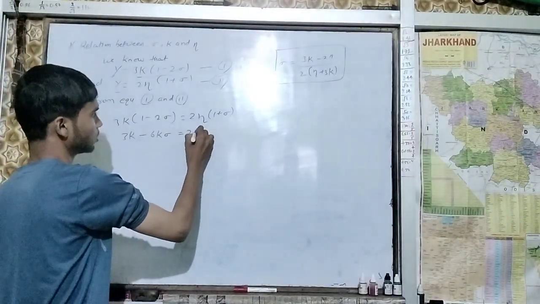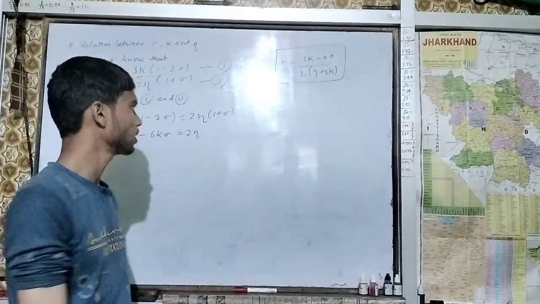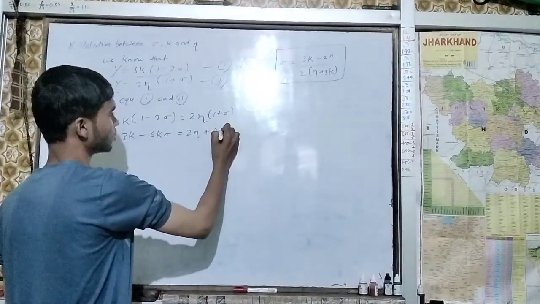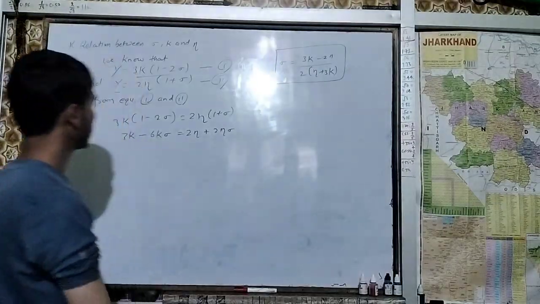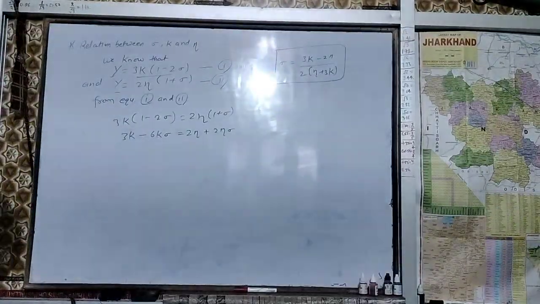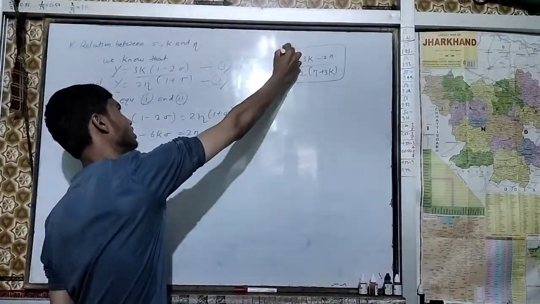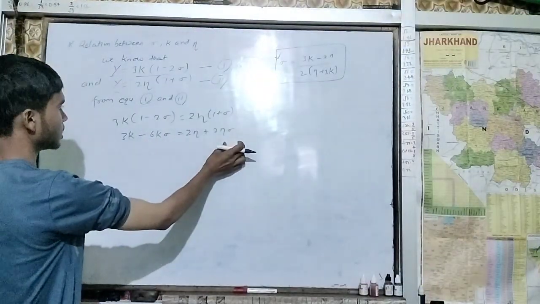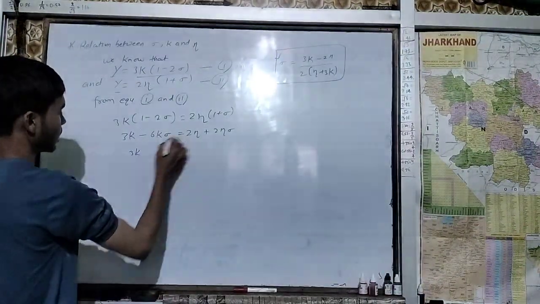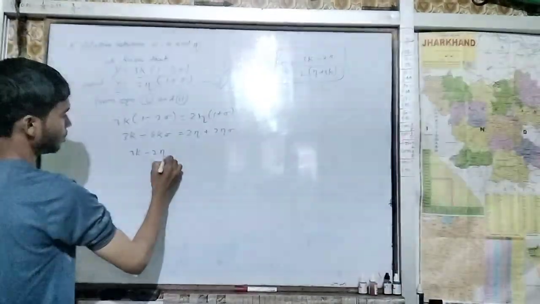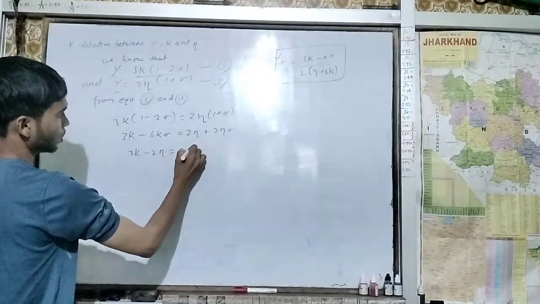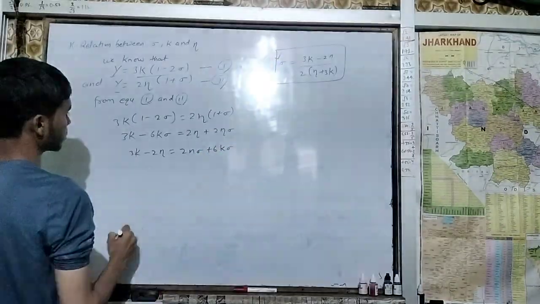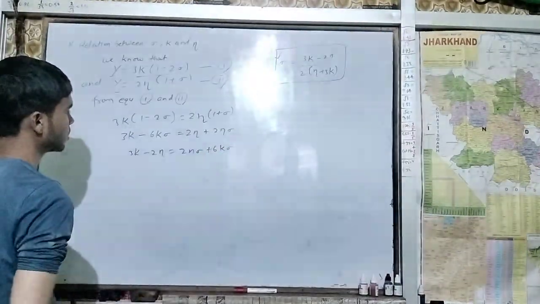It will become 2η plus 2η into Poisson's ratio. Am I right? Now we want this on one side, so shift the 3k to this side, and this will become 2η minus 2η Poisson's ratio plus 6k Poisson's ratio. Got it? No problem.